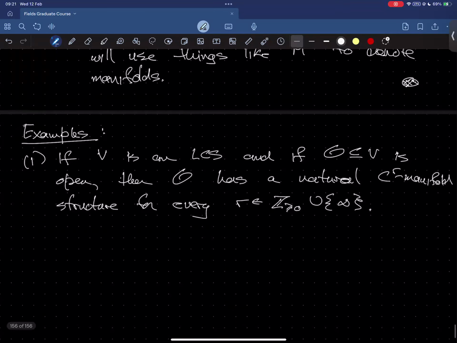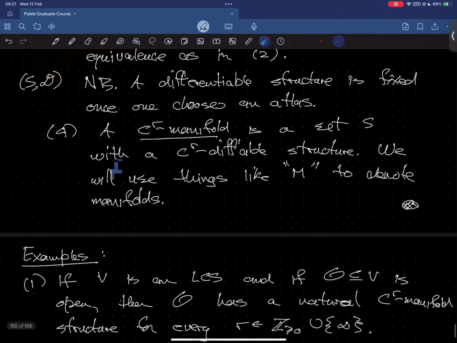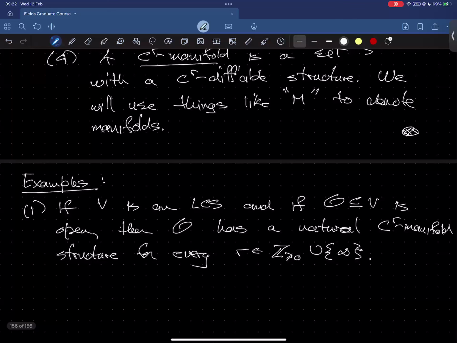So how do you do that? Well, the way you build manifolds, according to what I wrote up here, is you define differentiable structures. And according to this note, to define a differentiable structure, you need only find an atlas. So what I need to do is find an atlas for this set O. But the set O has a very natural atlas, namely the whole set itself.